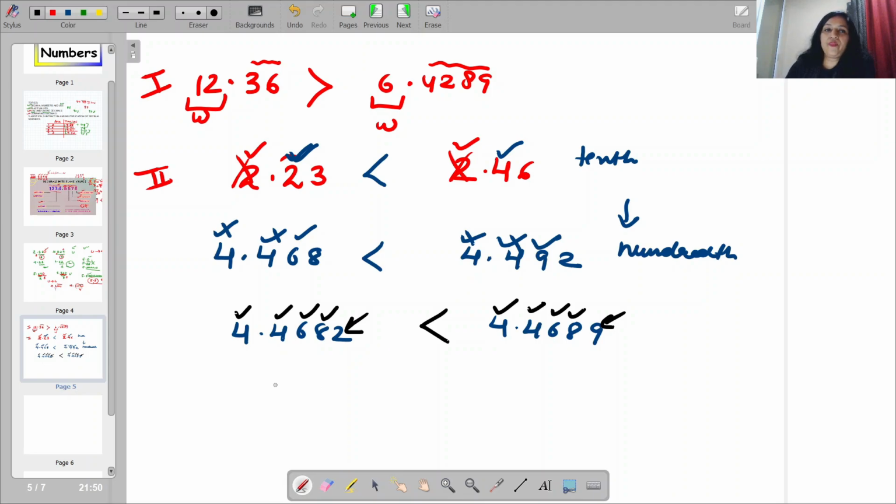Another scenario. First number is 4.46. Here it is 4.460. Now I have to compare these two numbers. First digit matching. Second digit matching. Third digit is matching. But what should I do for the zero?